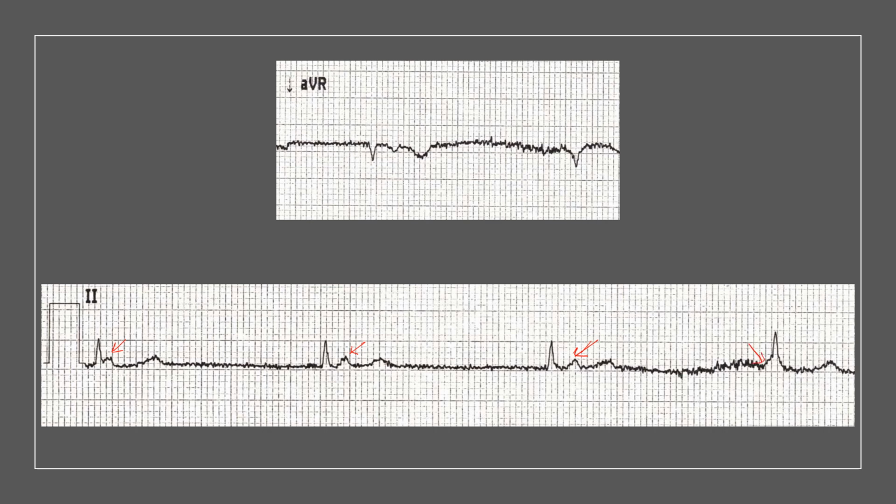So there is absolutely no relationship between the complexes and the P waves. And the P waves are coming from the SA node, which means that our final diagnosis here should be isorhythmic AV dissociation rather than junctional rhythm, for the reasons that we've just explained.